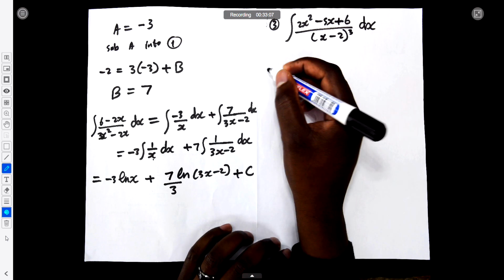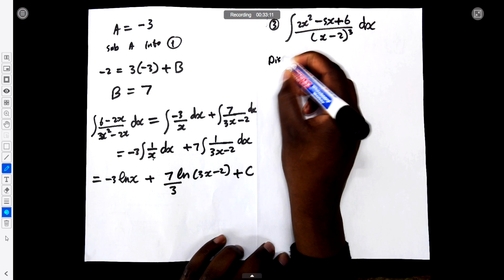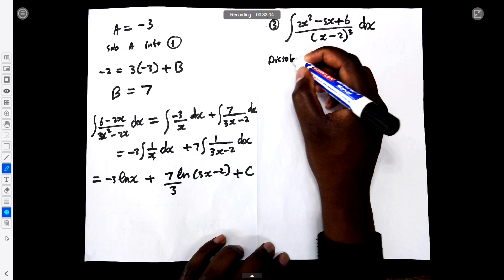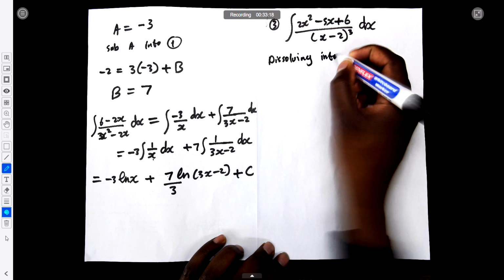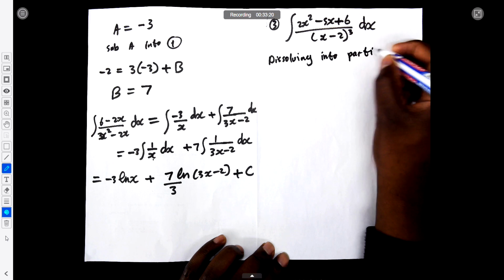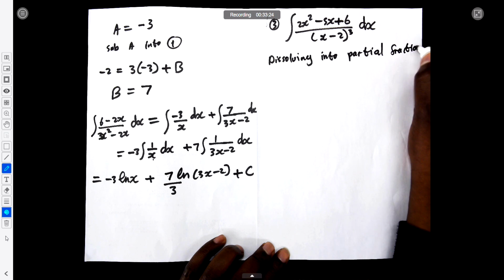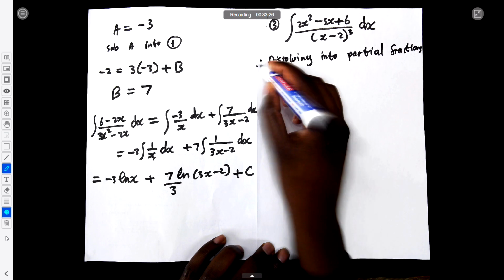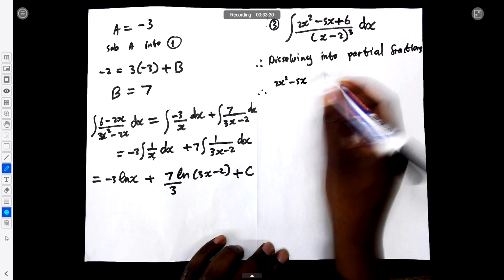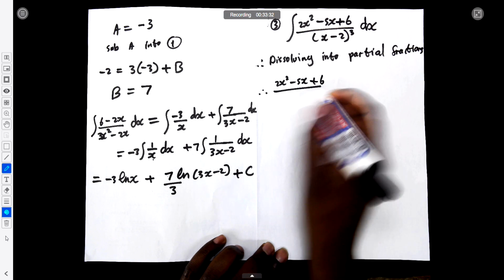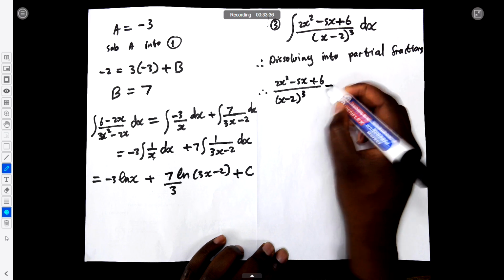So what we're going to do, we'll do the same thing. At least this one is factorized. So dissolving into partial fractions. Therefore, we'll have 2x squared minus 5x plus 6, all divided by x minus 2, all to the power of 3.